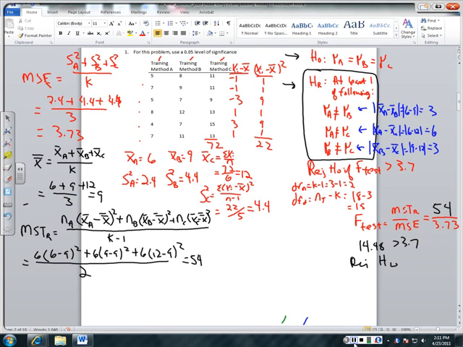So A and B, A and C, B and C. So these are the actual differences between pairs of sample means.